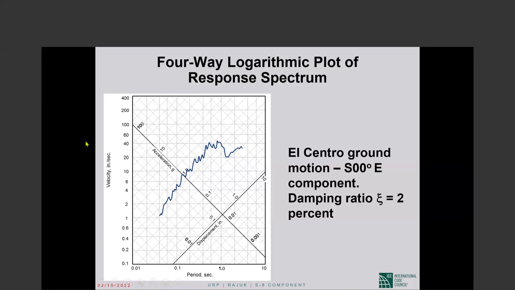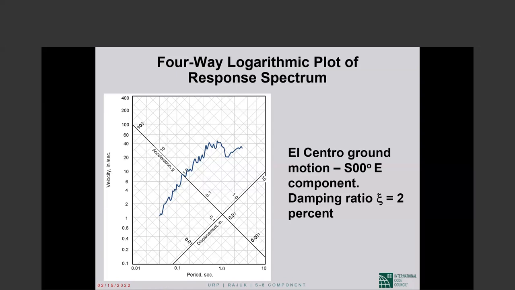On the y-axis, it is always the spectral pseudo velocity. On a few of these slides, the unit has not been changed, and I think it's okay for the purpose of our discussion. So the x-axis has period on it, could be frequency. The y-axis has spectral pseudo velocity, always on the tripartite plot.